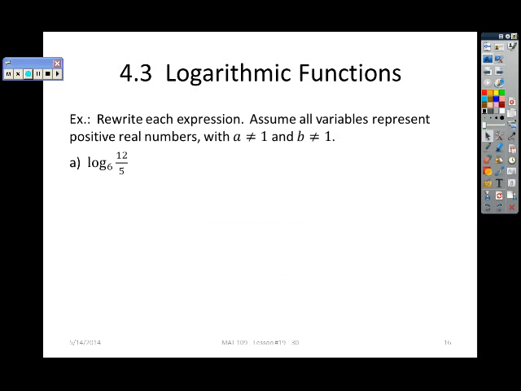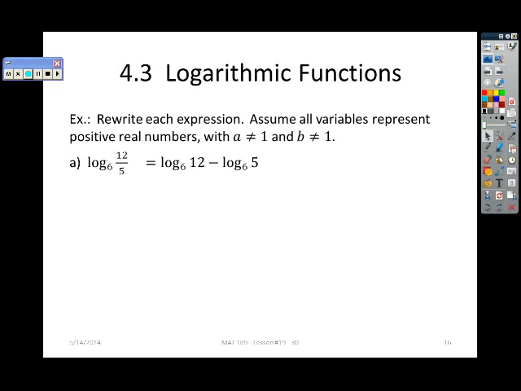So you can take an expression like this, and because it's a quotient, you can use the properties to break that into a difference. Now you no longer have a division going on. What you have is a subtraction, and that might be easier to work with than the division. It depends on the problem as to whether it's important.